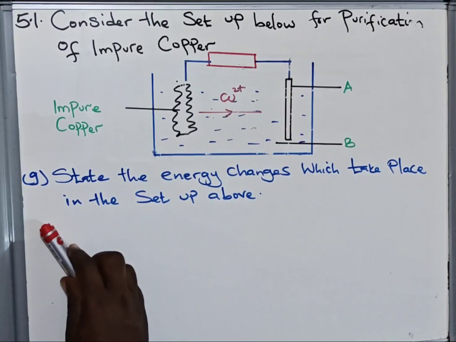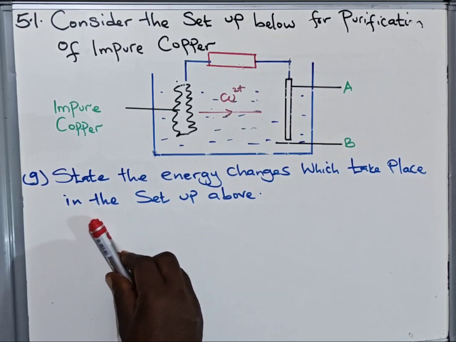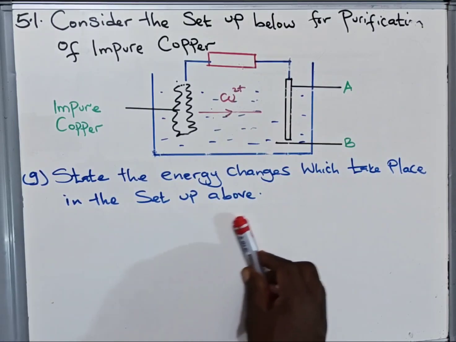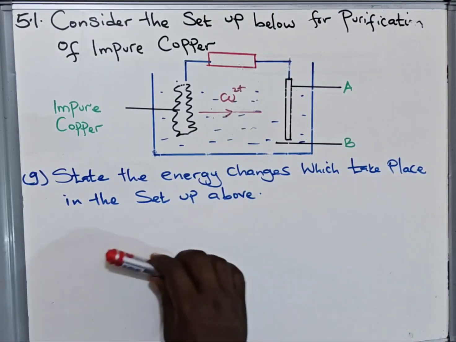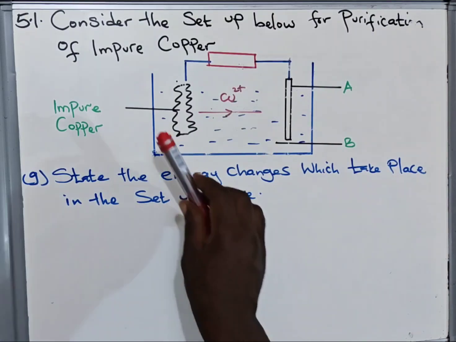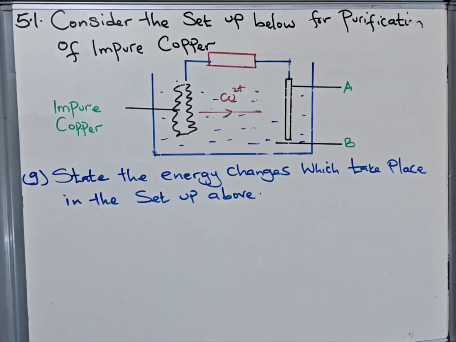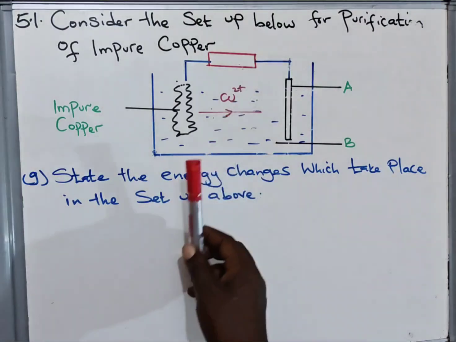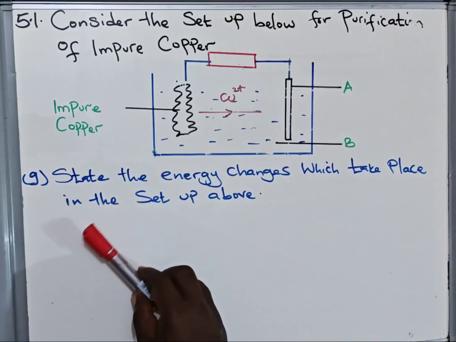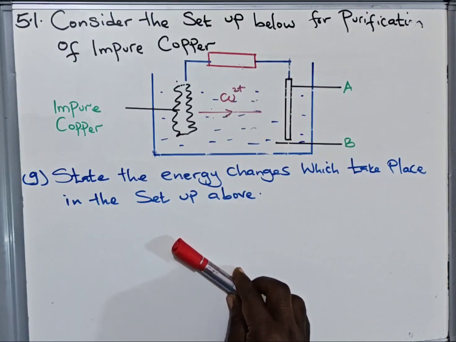Then we come to this question. It says: state the energy changes which take place in the setup above. What energy change takes place in this setup? The energy change is electrical to chemical. How do you know that?